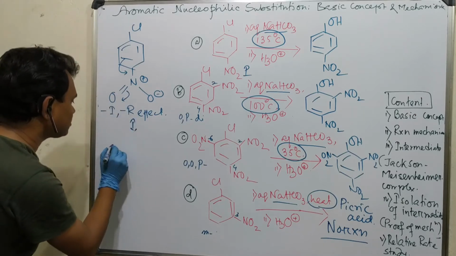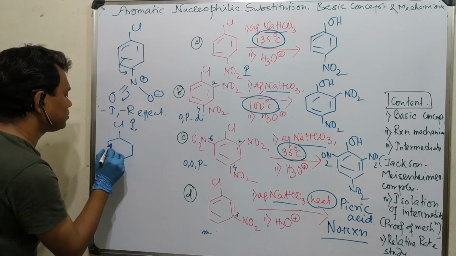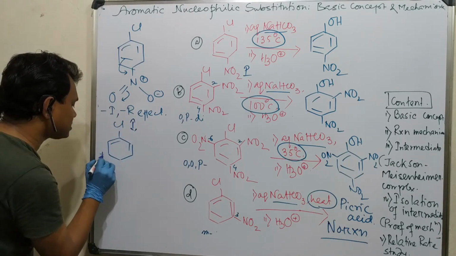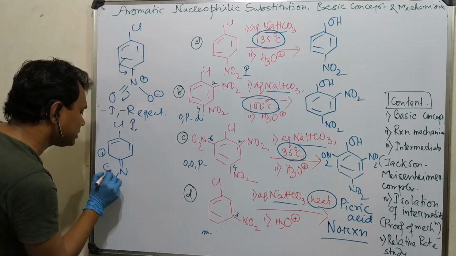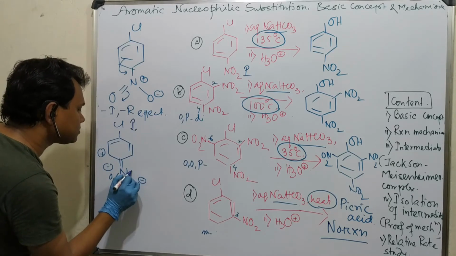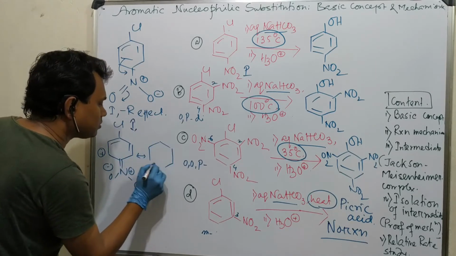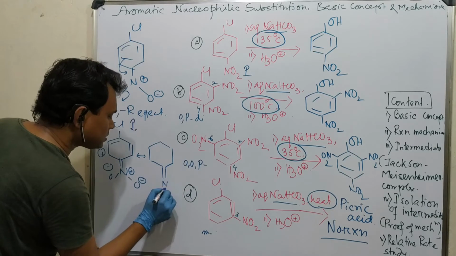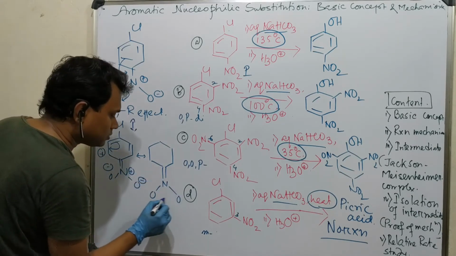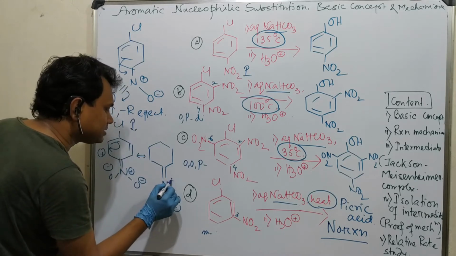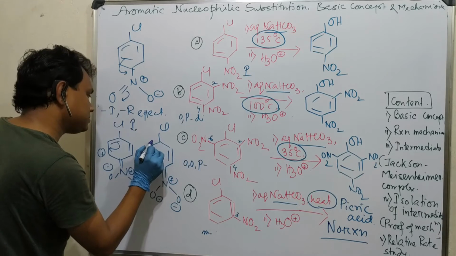So what is the conclusion? This is chloro, this is the plus charge here, this is nitro, double bond, O minus, this is plus. Let's draw another canonical form. This bond will come here. So this is minus, this is plus, this chloro, this is the plus charge.